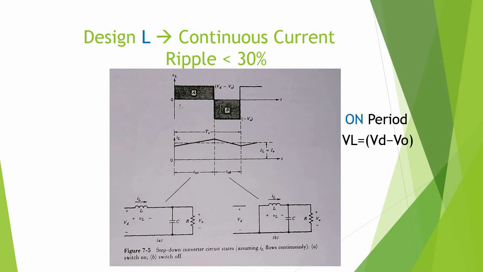During the on period, the inductor voltage will be VD minus V naught. VD is nothing but the battery voltage and V naught is equal to output voltage, which is clearly seen from the circuit diagram. And we can also say that the inductor voltage is VL equal to L dIL by dt, where dIL is nothing but the change in inductor current, which is mentioned.